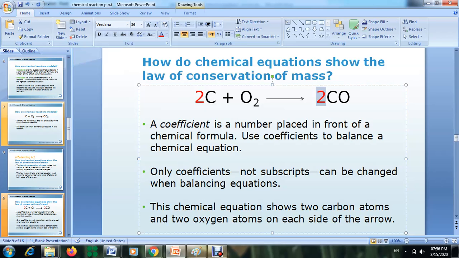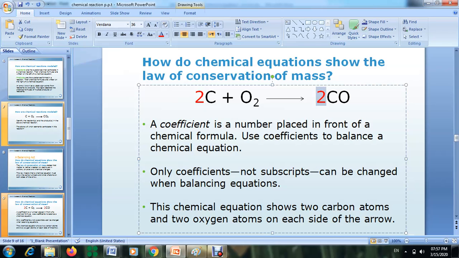This number that is placed before the chemical formula is called a coefficient. A coefficient is a number placed in front of a chemical formula. So we use this coefficient to balance a chemical equation. Only coefficients, not subscripts, can be changed.